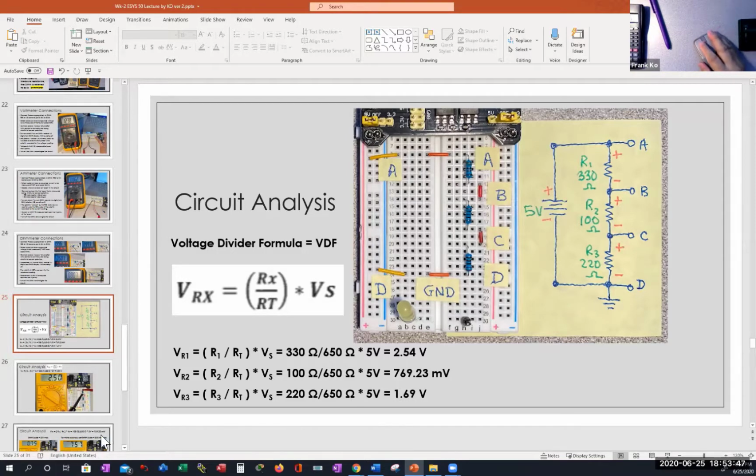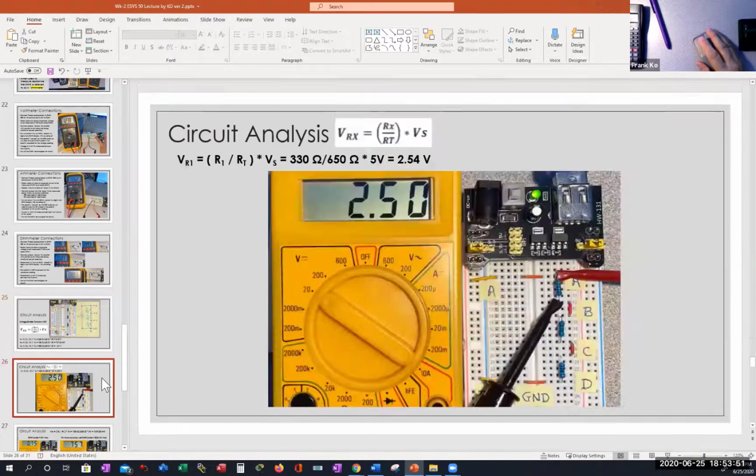All right, now, when we go to the next slide, I'm going to measure this thing. I built it, and now I'm going to measure it. I want the voltage across R1.